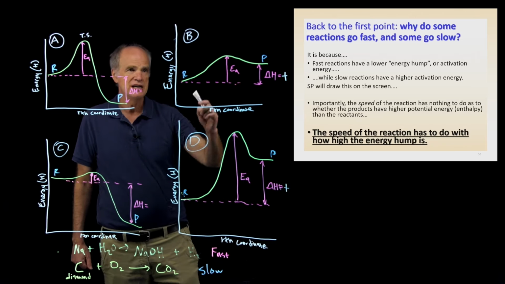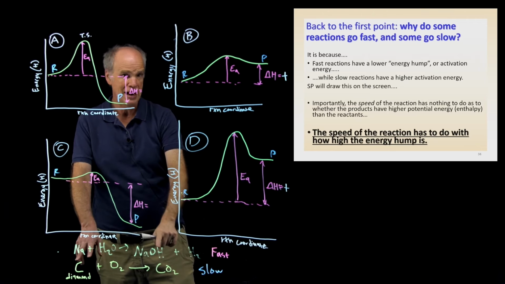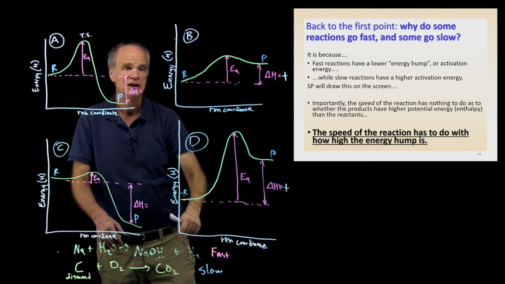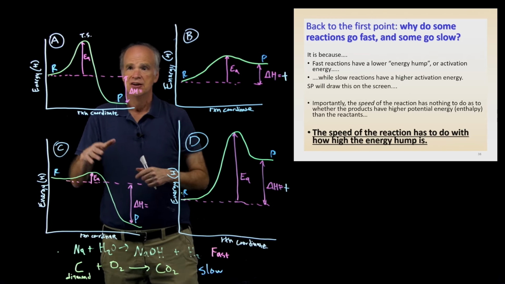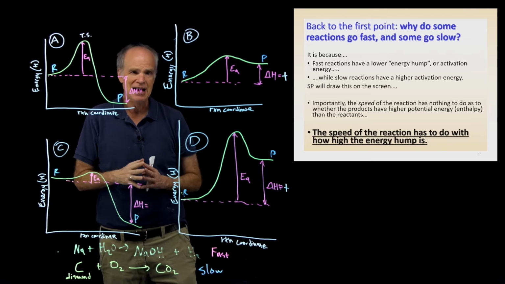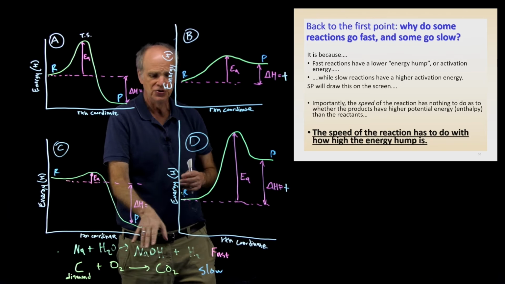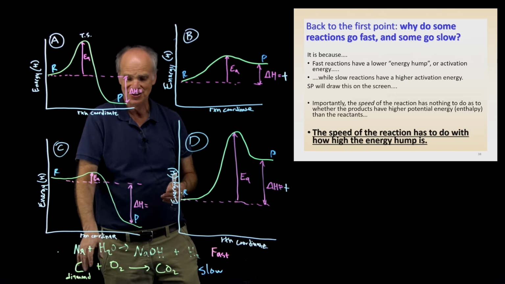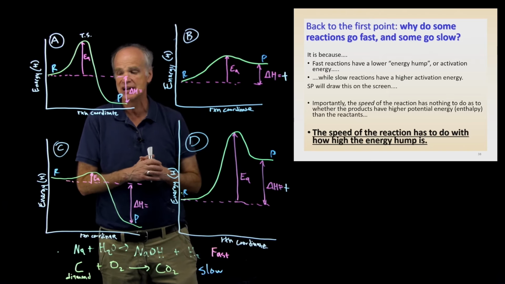So basically, we now know B and D are not good graphs for these two reactions because those reactions were exothermic reactions. So we're between A and C. Now we need to figure out which of these graphs corresponds to the first fast reaction and which corresponds to the second slow reaction.